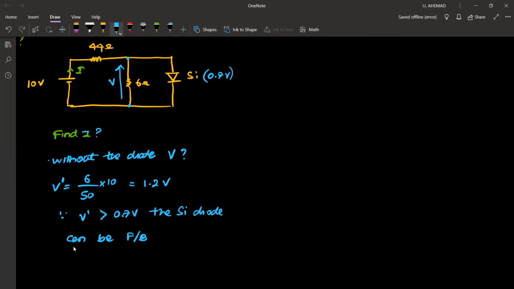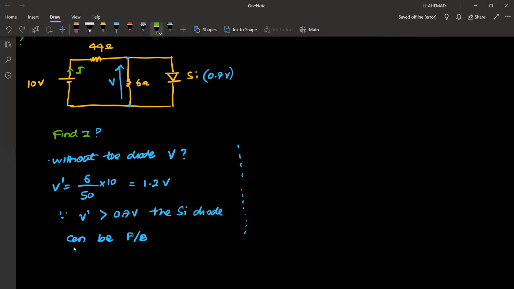So it gets forward biased. Now we will again find the current, or redraw the circuit for this forward bias case.